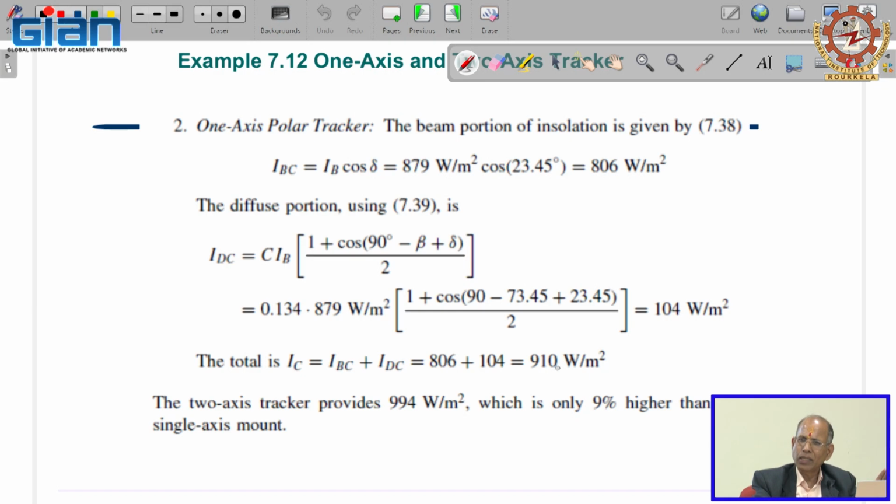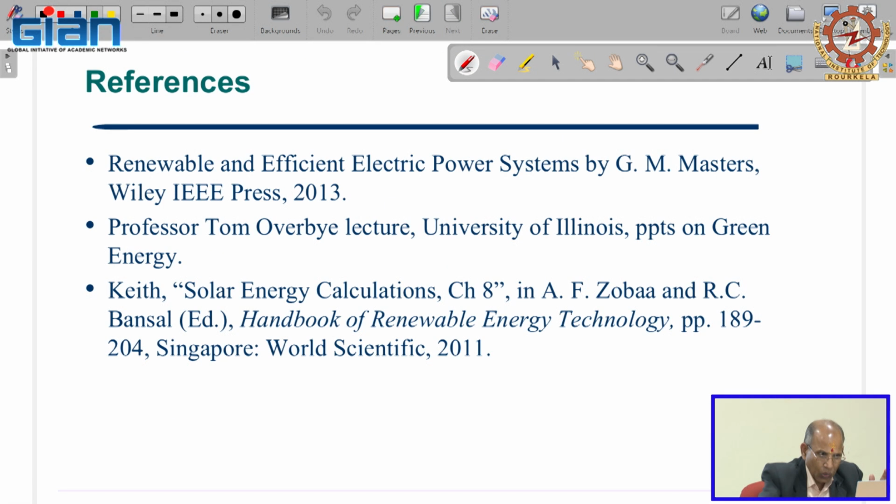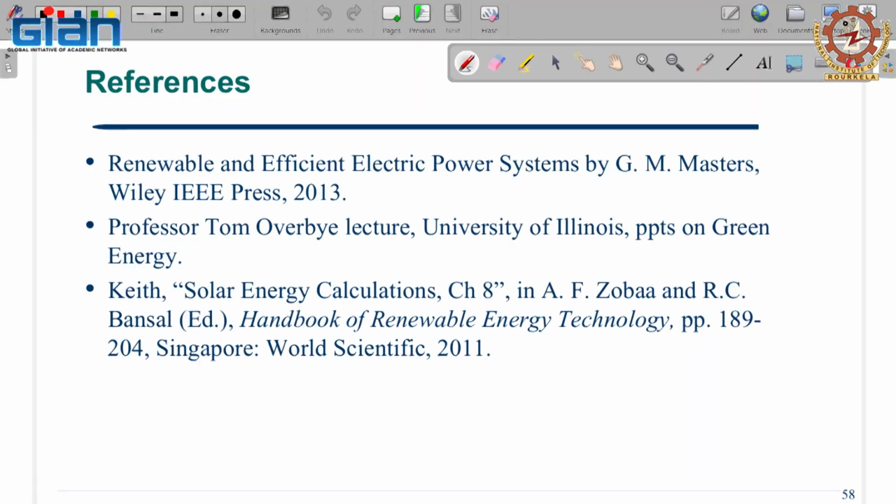So you can see the difference, how much additional insolation level you can get with the tracking system. This chapter talks about the solar resources. In this chapter we have learned the background about the earth rotation system and different angles.